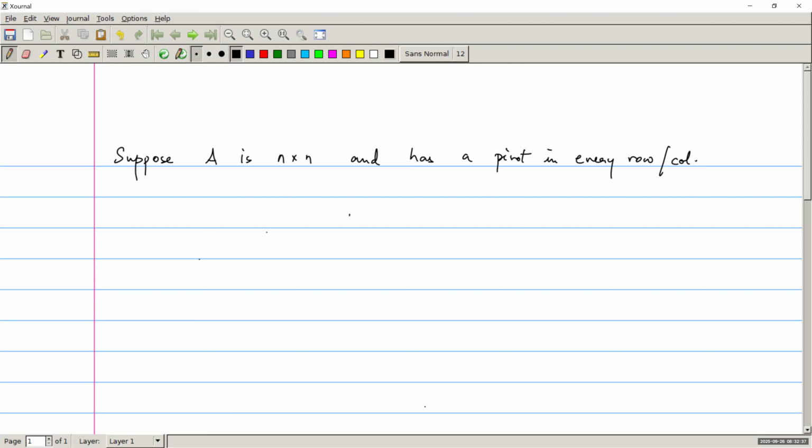So when you do elimination, let's say you find a pivot in every single column. So you find n pivots in total.